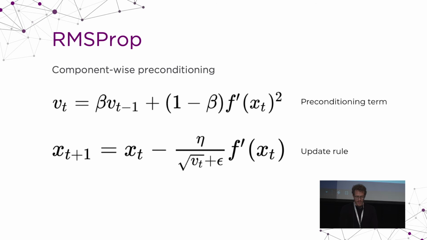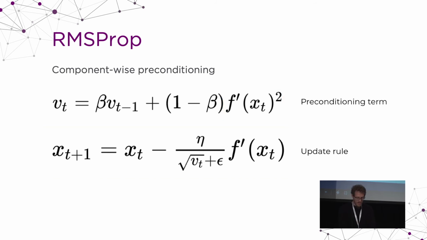And one simple way to rescale the parameters is to divide by the square of the gradient. So this equation must be interpreted by component. I will maintain an auxiliary variable V_t, and I will update V_t as beta, which is a hyperparameter, times the old value V_{t-1}, plus 1 minus beta times the square of the gradient, for the component relative to one parameter.